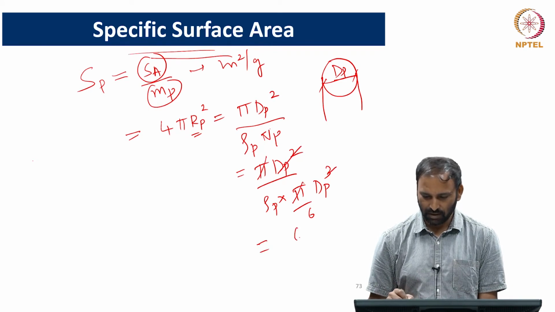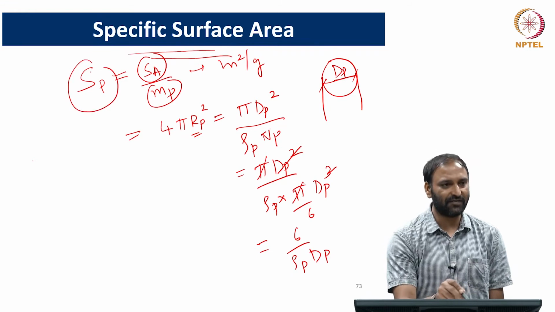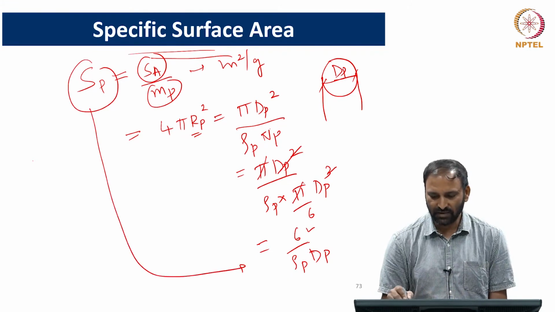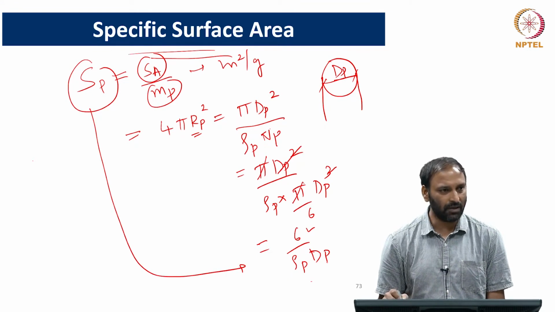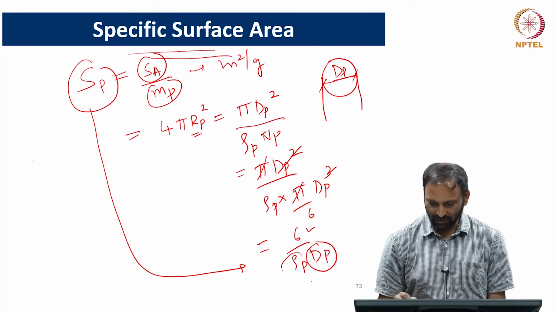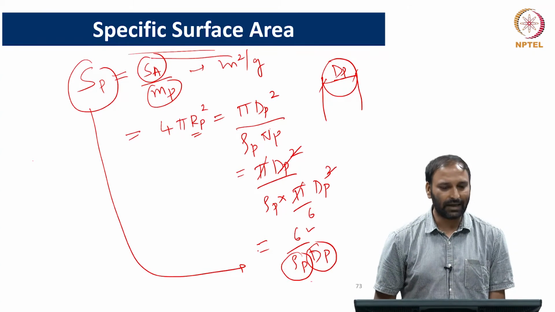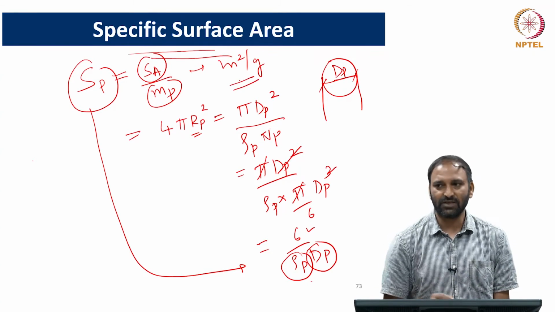Therefore, this is going to be 6 by rho p into dp. So, for a spherical particle, your specific surface area is 6 divided by rho p into dp. If I have a way of measuring the size of the particle and the density of the particle, I can directly get the specific surface area.